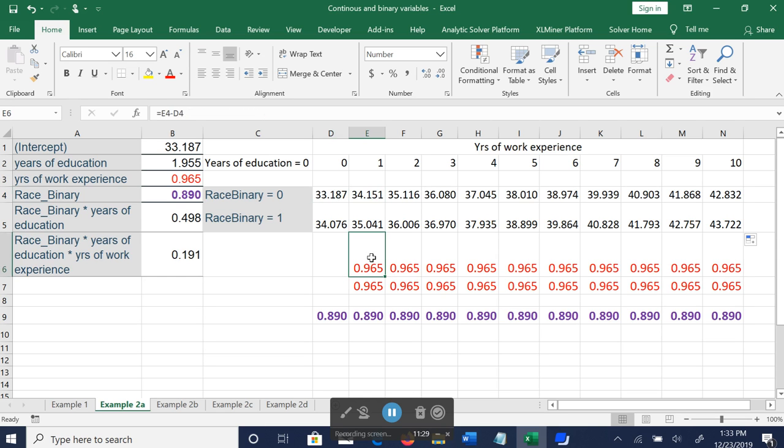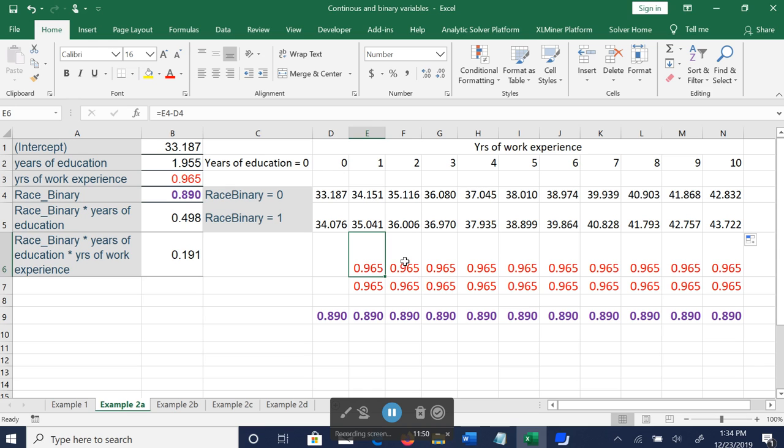Look at the formula. So, as we can see, for those from race category 0 with no education, if they work an additional year, their income is going to increase by $965.